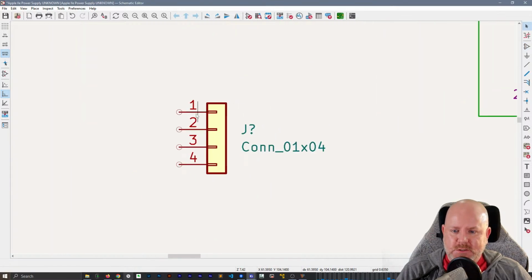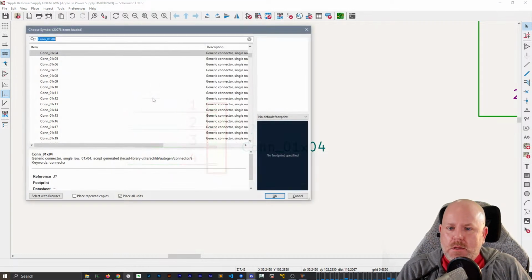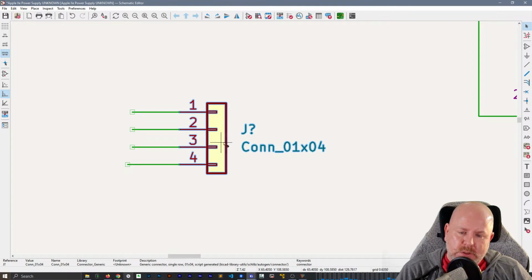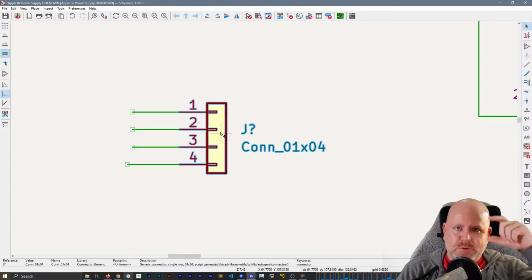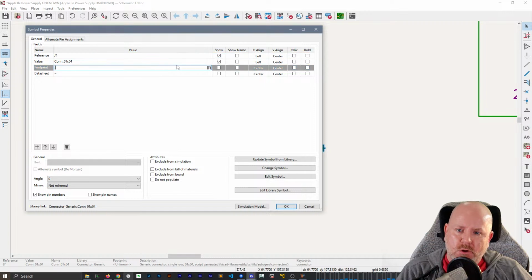Maybe you need more than 4 pins because you said SPI, not I2C, but you get the point. You use this symbol because it represents the 4 positions that you need, and then you go in here and assign it a footprint.